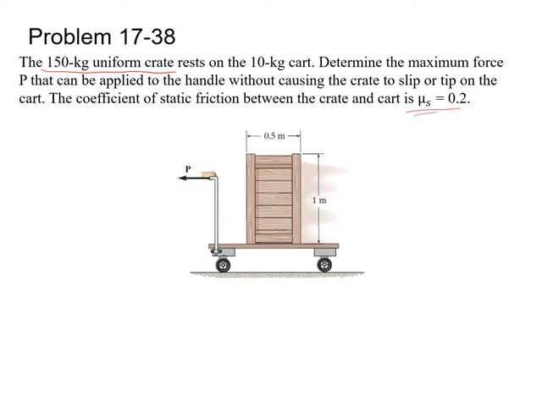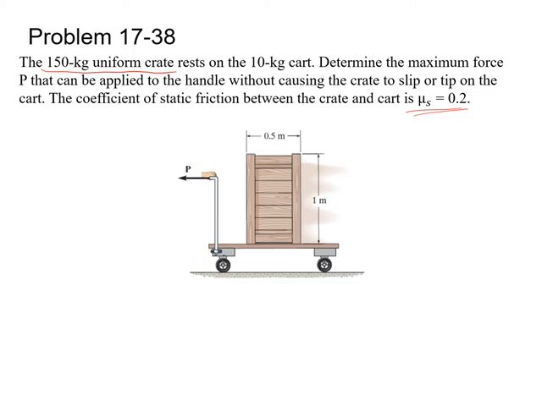So you are given the coefficient of static friction. The mass of the crate as well as the mass of the cart is given to you, and you have to find the maximum force that can be applied to the handle without causing the crate to slip or to tip.